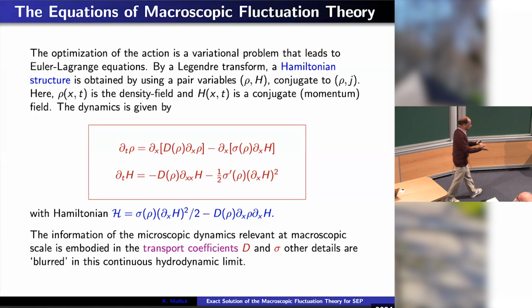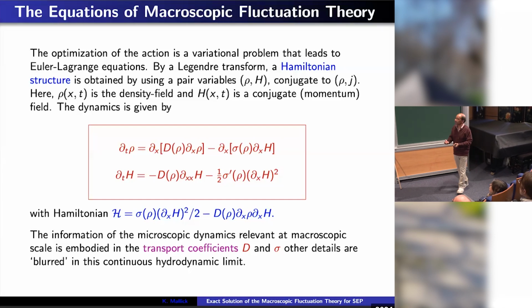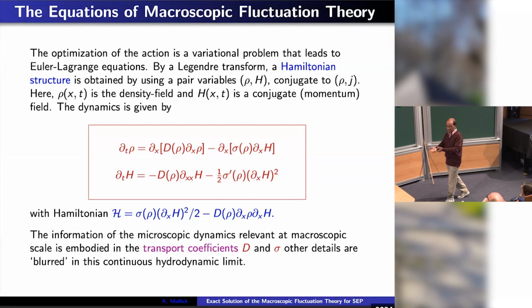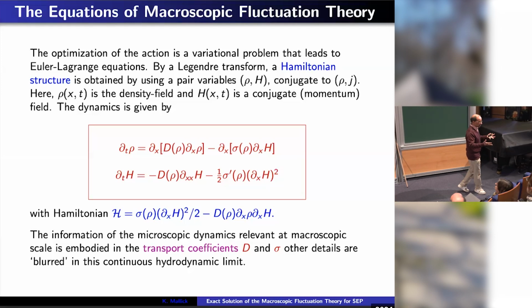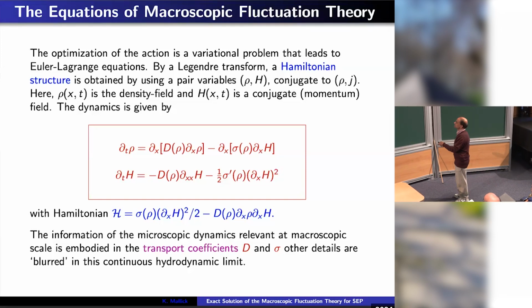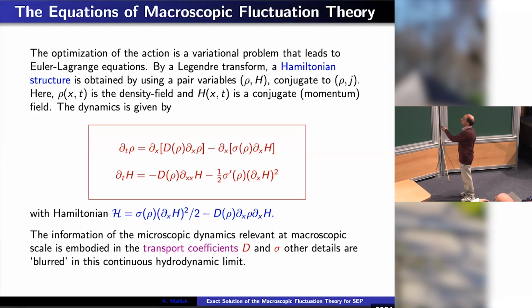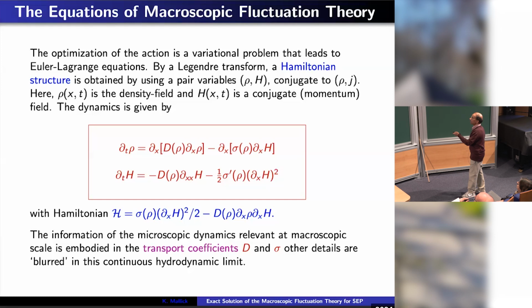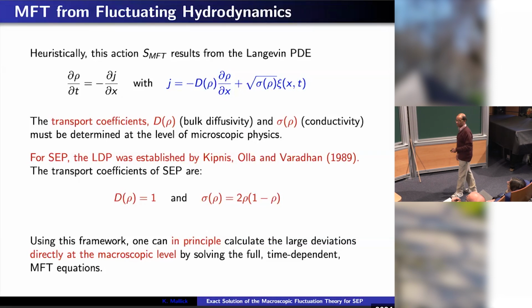Just as in the Navier-Stokes equation, you put the viscosity and things like that by hand. You cannot compute them from first principles macroscopically. If you compute them, it's from microscopic physics. So microscopic physics is entirely encoded in the formulas for D and sigma. And in the case of ZRP, as I showed rapidly, D is extremely simple, just 1, and sigma is 2 rho (1 minus rho).